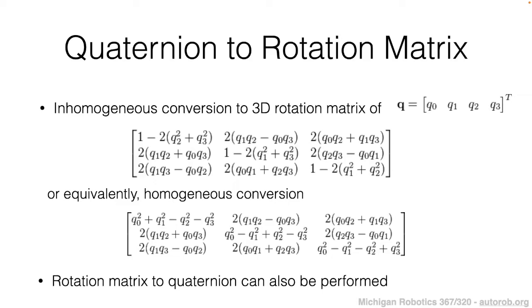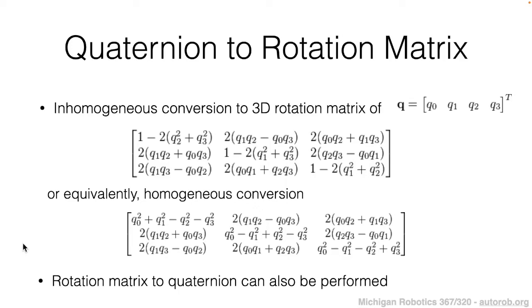In particular, we can have either an inhomogeneous 3D rotation matrix based on a quaternion, shown in this first bullet, or we could equivalently express a quaternion as a homogeneous matrix, which is really what we're going to be focusing on for our projects.